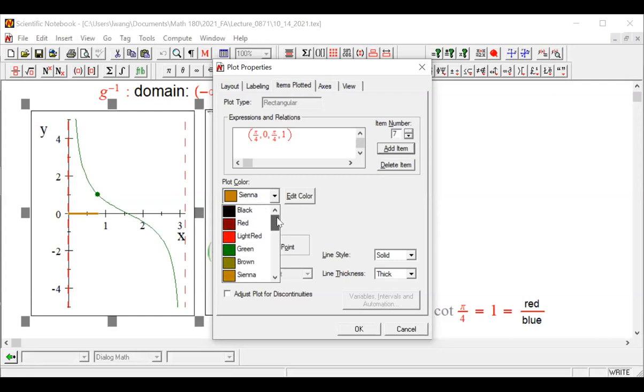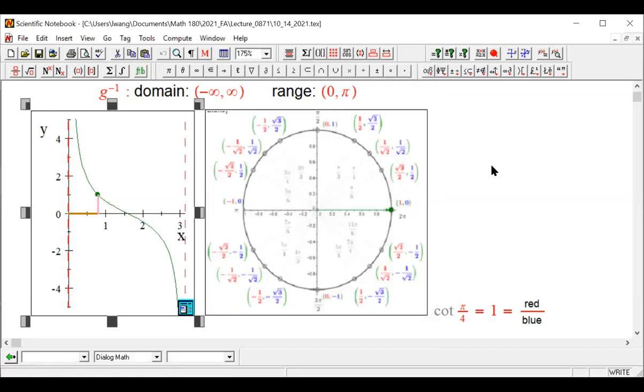What color shall we use? Maybe pink? What do you think, pink? Let's try pink. Okay, so that's the ratio. You can also do the points. I will put that on your homework, and I will make that table for you to do.